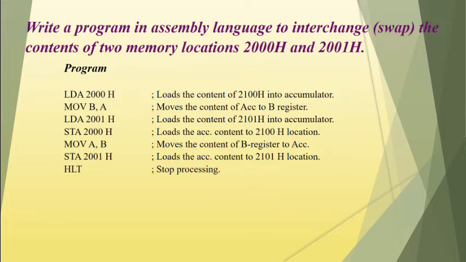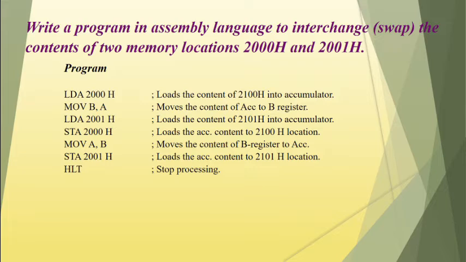Thereafter we have to move the contents of register B into accumulator, and we have to store the contents of accumulator into the memory location 2001H. For that we use command STA 2001H.